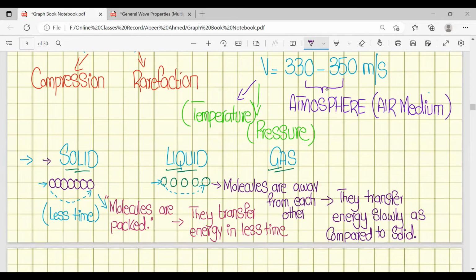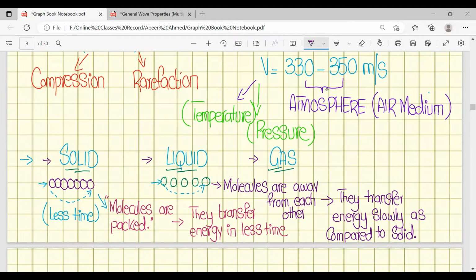So this is for solid, this is for liquid, and what about gas? Molecules are far away from each other, they are moving in random direction, right? Because if we contain liquid in some container, molecules can only move in the region of that container, but gas molecules are free to move, so we cannot contain that gas anywhere in our atmosphere.